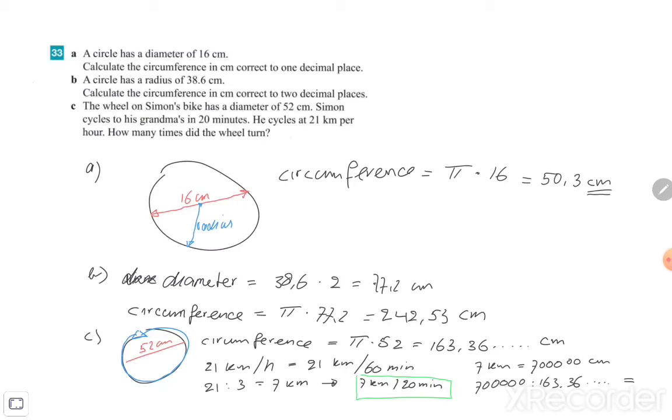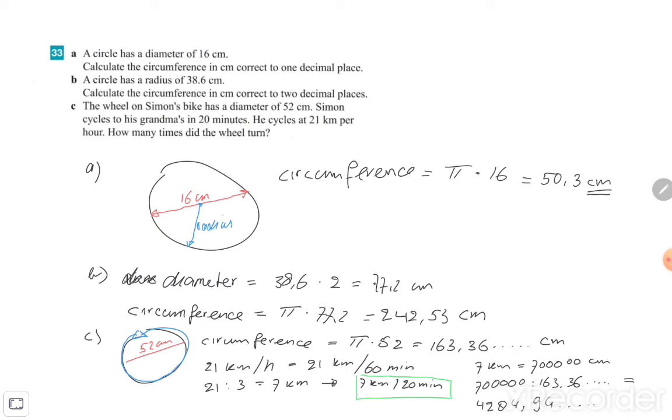If I put this calculation in my calculator, the answer is 4,284,94, etc. So how many times did the wheel turn?